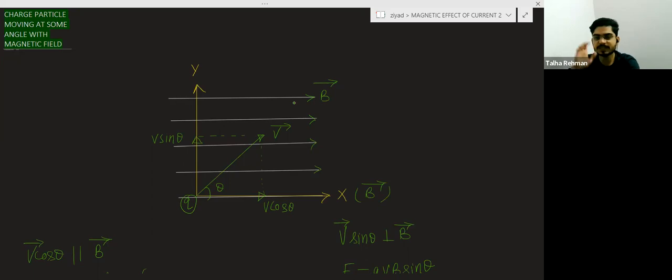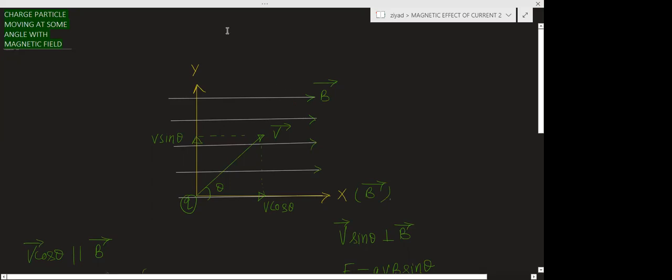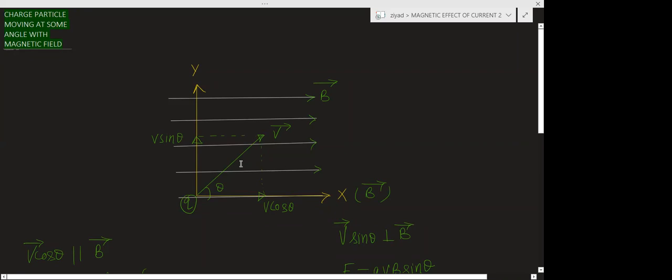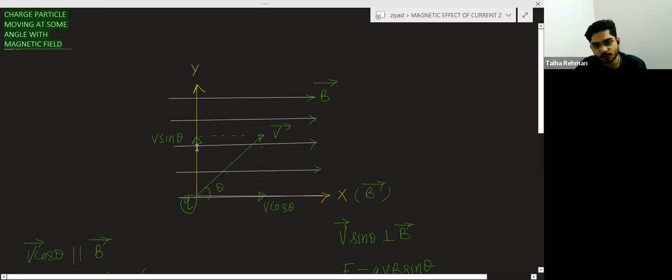So we will divide the motion of this charged particle along the x-axis and along the y-axis. We will take one component of the velocity along the magnetic field, and one component of the velocity perpendicular to the magnetic field.